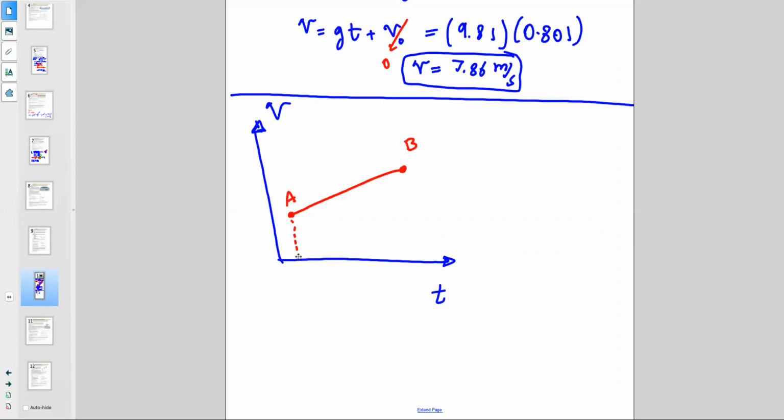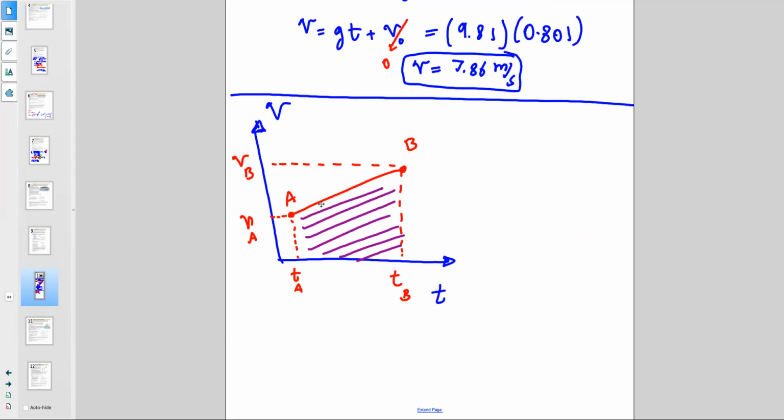Point A has time tA, point B has time tB, vA, and vB, okay? If you can somehow calculate or find the area underneath this figure, okay, let me write it with this.